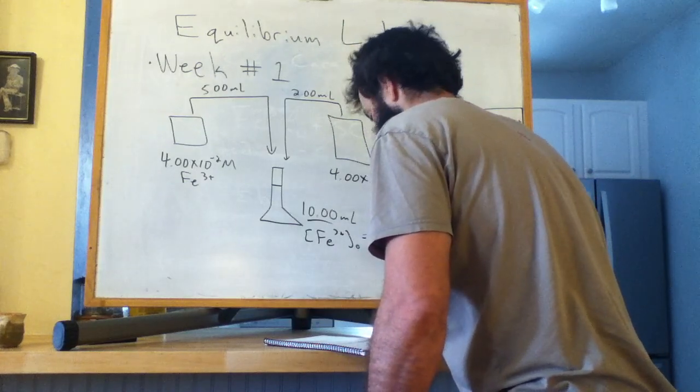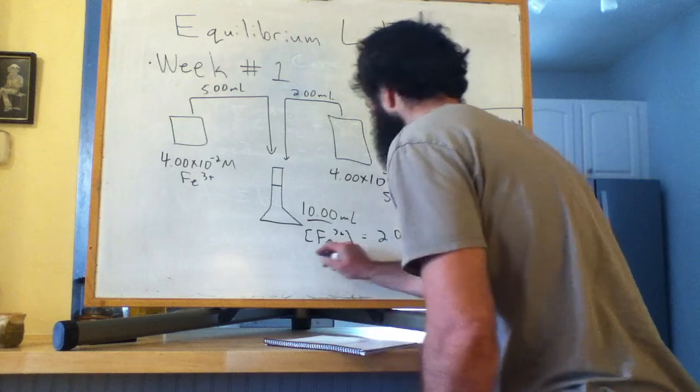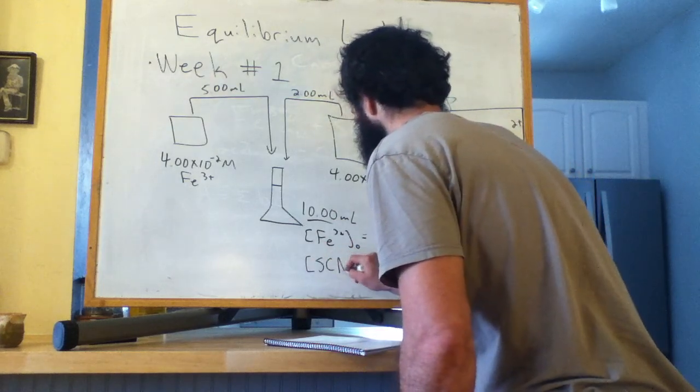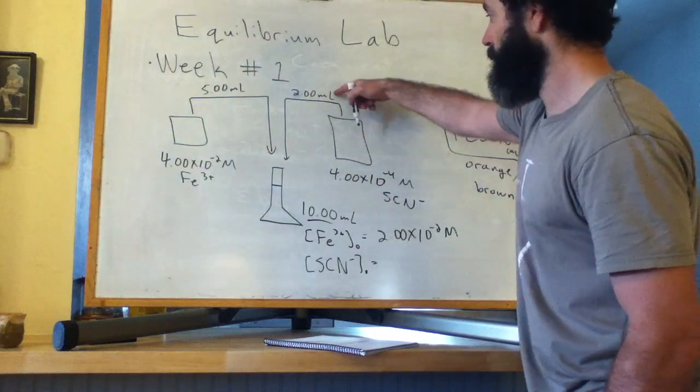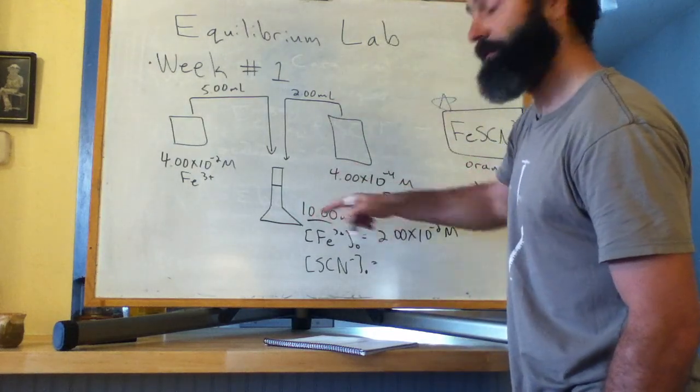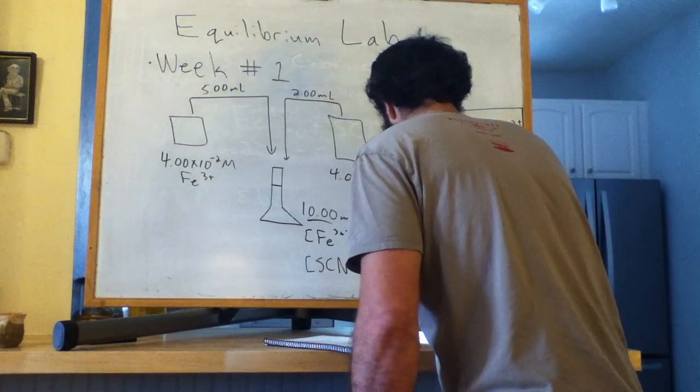Diluted by a factor of 2. So 2 times 10 to the minus 2 molar. We can find our SCN minus initial, just M1V1 equals M2V2, is 8 times 10 to the minus 5th molar.